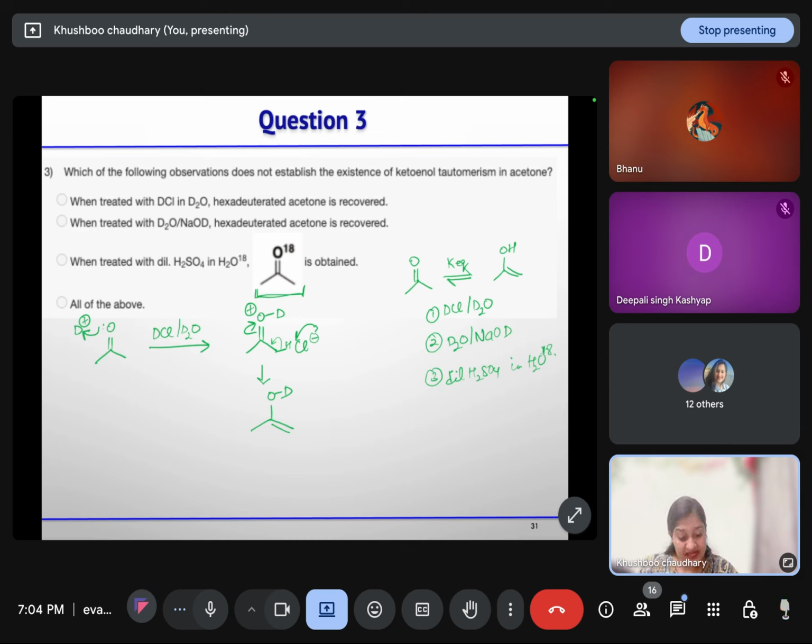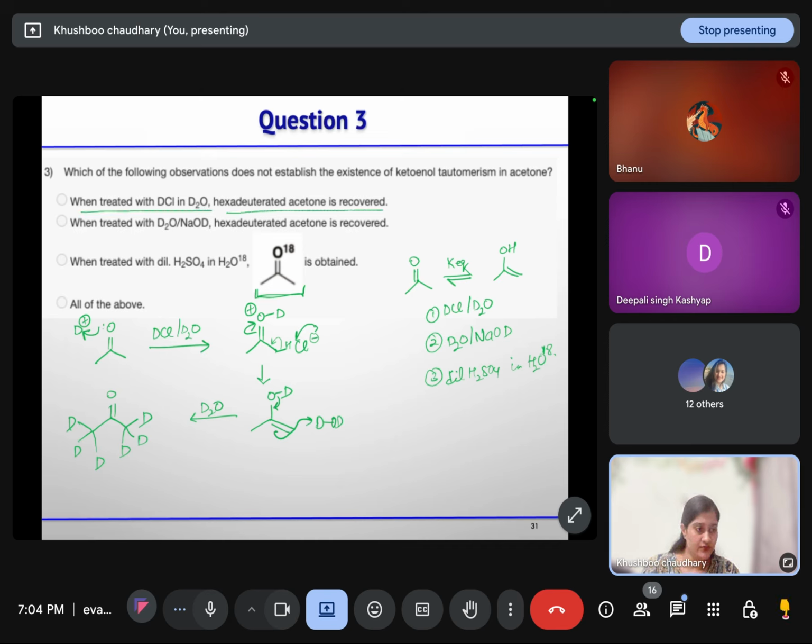And as we are adding D2O, which is the same as water, this process is reversible. So this will take deuterium from D2O. So now it will form deuterium here, and this process will not stop here. All the alpha protons will be replaced by deuterium. So the first option, when treated with DCl in D2O, hexadeuterated acetone is recovered.